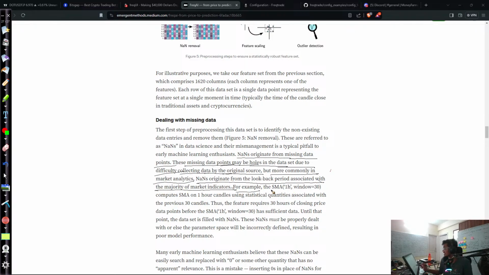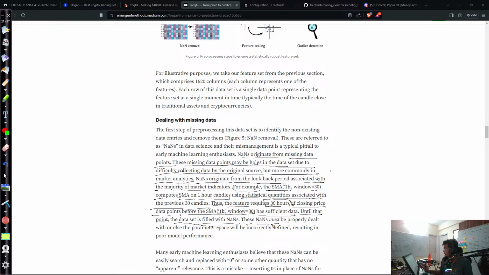For example, the SMA 1 hour window 30 computes SMA on 1 hour candles using statistical quantities associated with the previous 30 candles. Thus, the feature requires 30 hours of closing price data points before the SMA 1 hour window 30 has sufficient data. See, this is what we were talking about. So until that point, the data set is filled with NaNs.